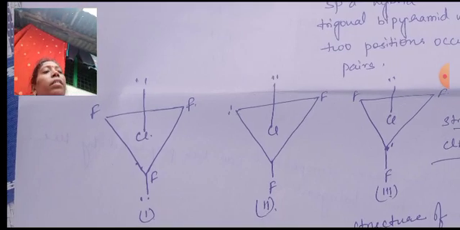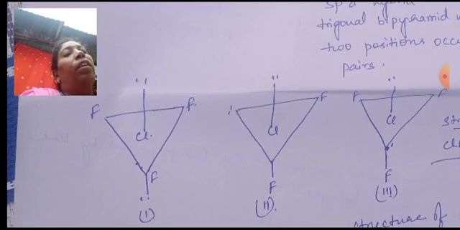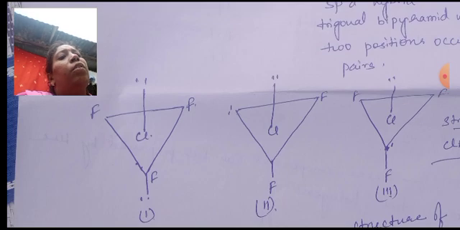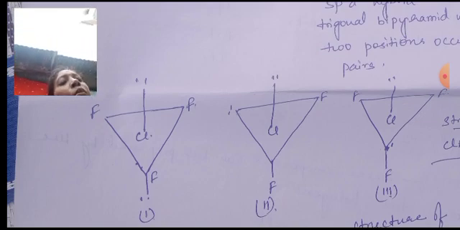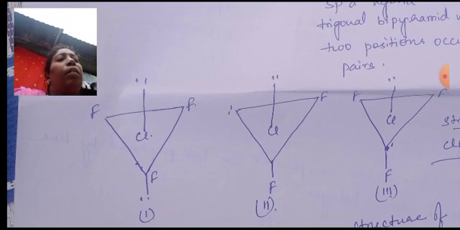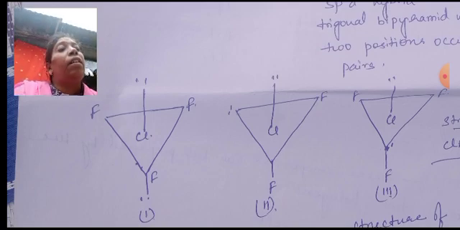I have given three different structures of ClF3. The reason for forming three is that it can be any form. Just like resonating structures, chlorine trifluoride is shown in three forms, with only a change in the position of chlorine, fluorine, and paired electrons.